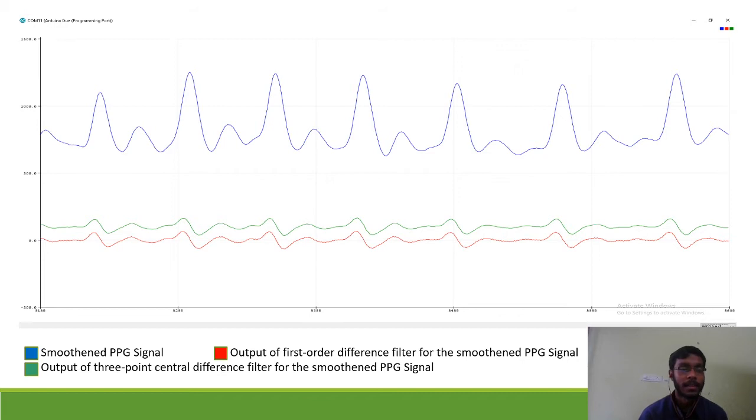There is not much difference, but as I showed you in the first lab, the 3-point central difference filter emphasizes the high slope portions in a much better way.